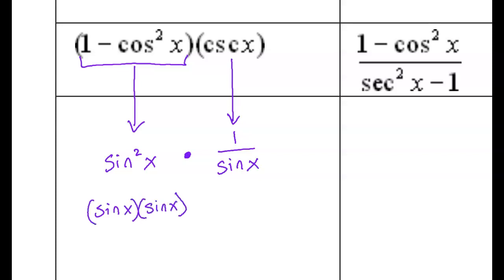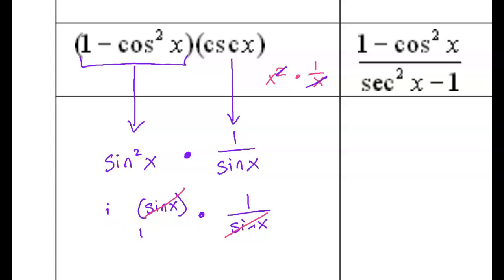So if I actually have 2 sine of x's in that numerator, because it's over an invisible 1, I have a like term of sine of x and sine of x that can cancel. Just like if this had been x squared times 1 over x, right? One of the x's would cancel, leaving us with a single x.